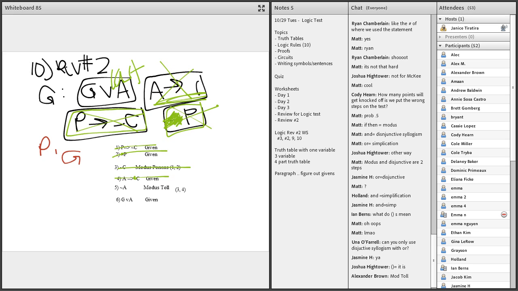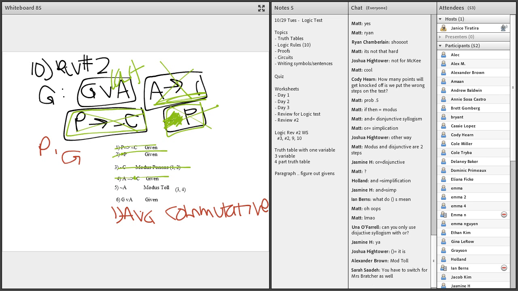For Tera, we do have to switch them. So if we switch them, that will be A or G, commutative property. I'll give you a quick run through after because I've been seeing common mistakes, okay?